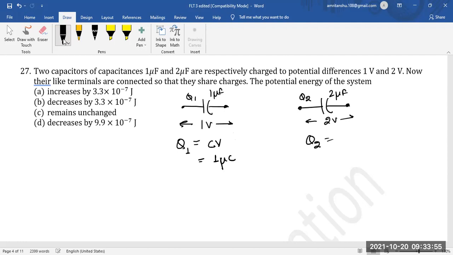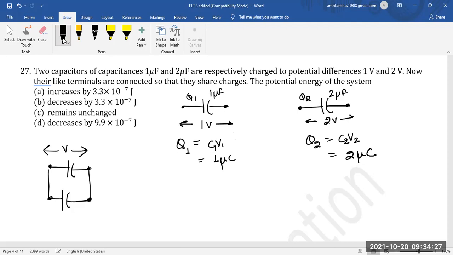So Q2 here is CV, which is 2 microcoulombs. Now it says that their terminals are connected. That means the 1 microfarad and 2 microfarad are both connected. If both are connected, they're going to share a common potential difference V.